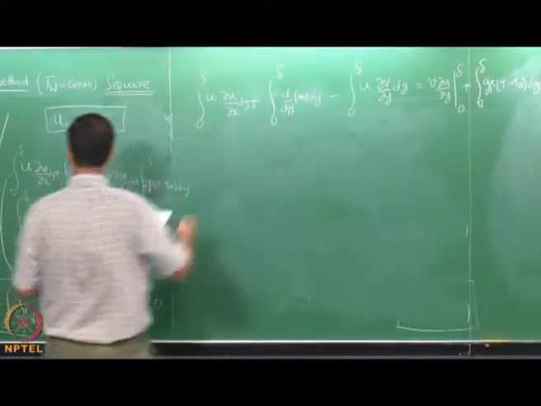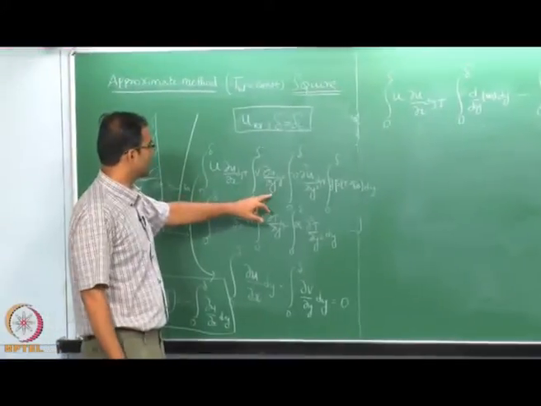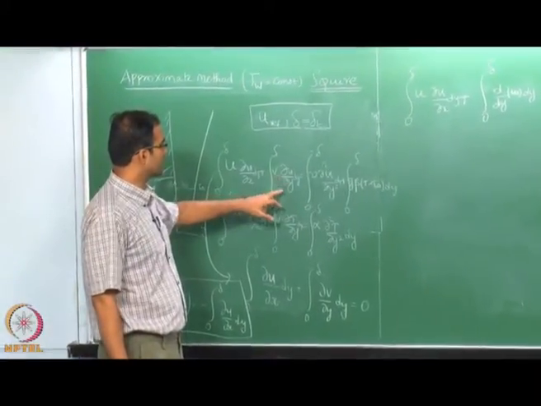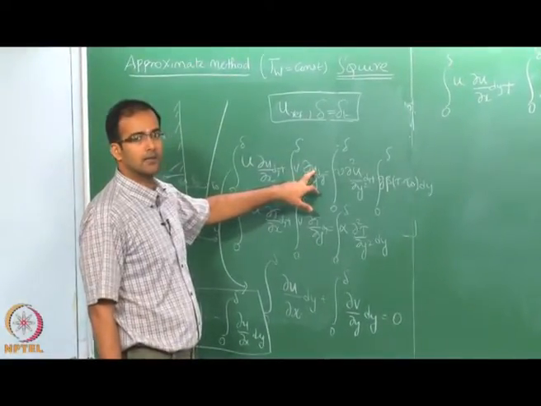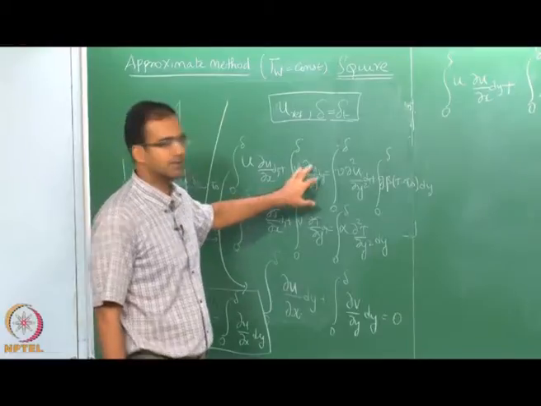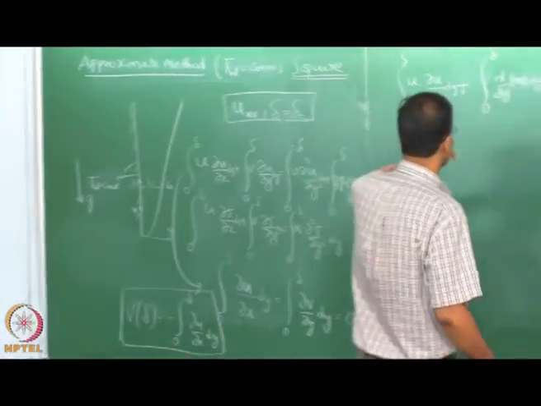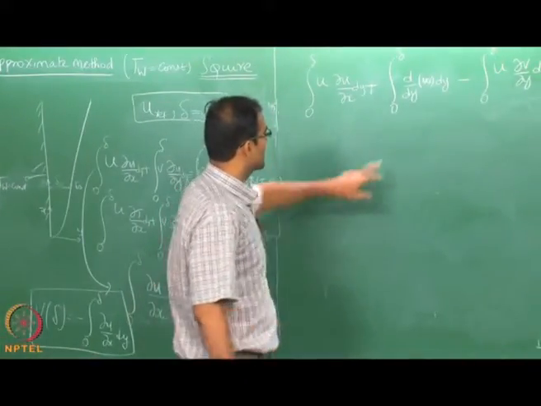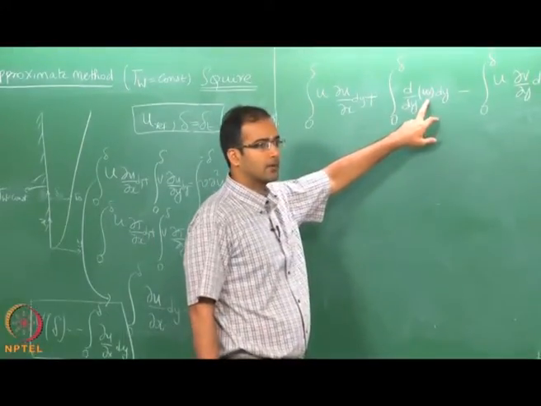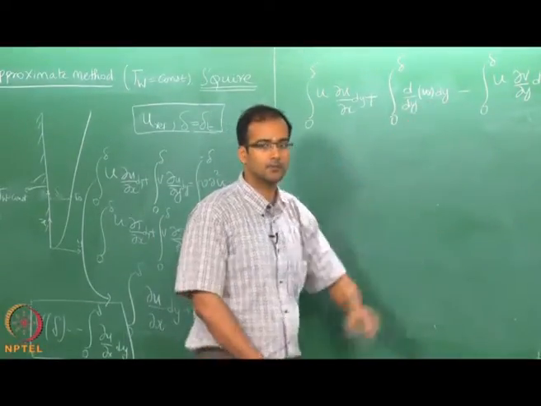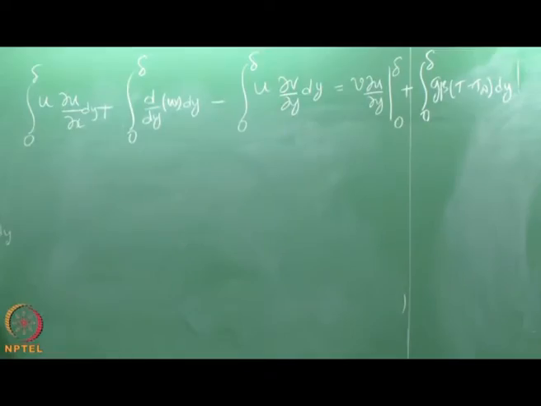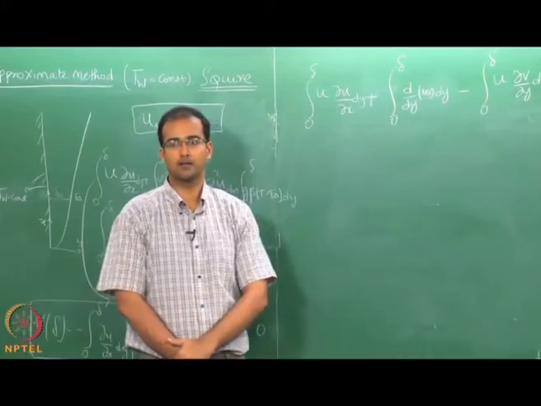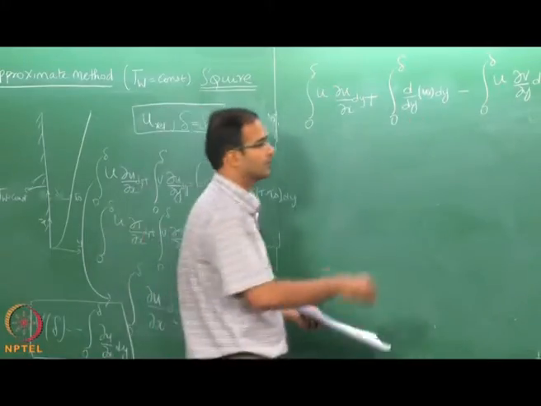So, I have split the second integral here, v du by dy, as d by dy of uv minus u into dv by dy. Okay, I have split the second integral into these two parts. So, therefore, what do you get when you integrate d by dy of uv between the limits 0 and delta? 0. Okay.